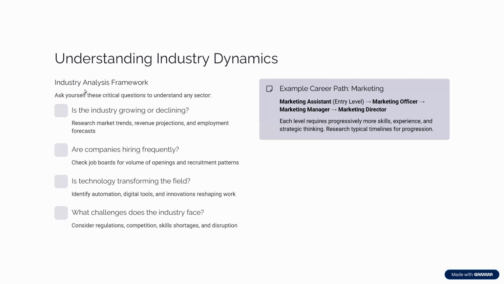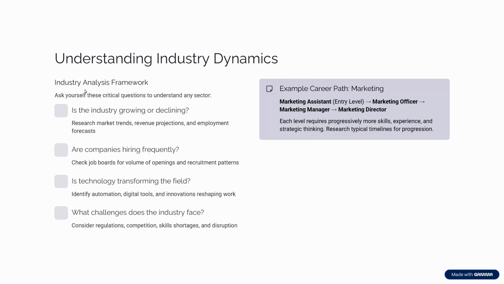Now, another very important factor you should understand when you're doing career scanning is what we refer to as understanding the industry dynamics. Before you choose a career, you have to look at the industry, especially with technology.